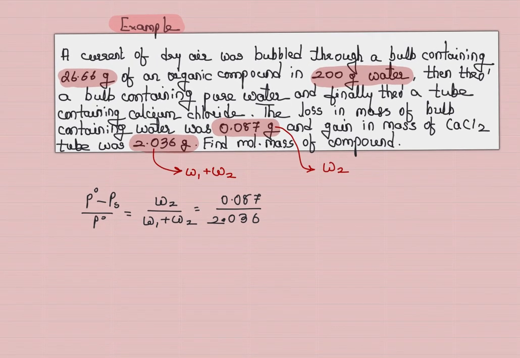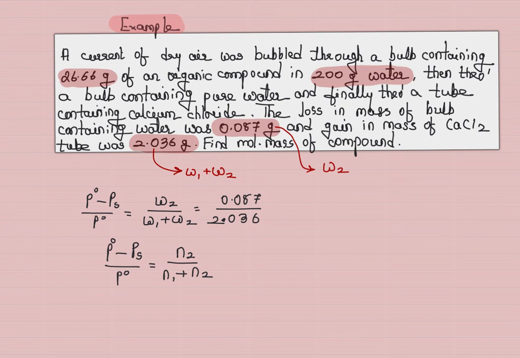Now you know that P0 minus PS upon P0 should be equal to N2 upon N1 plus N2. Now here we could probably approximate, but this is not a very dilute solution. 26.66 grams in 200 grams of water is not a very dilute solution.